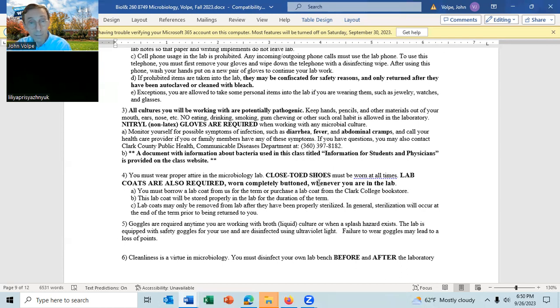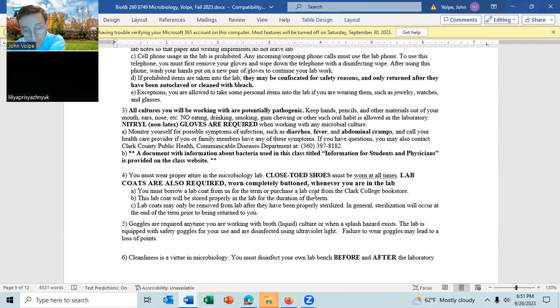The lab coats must be worn and completely buttoned when you're in the lab. Lab coats are supplied by the lab, but you may purchase a lab coat and bring it to the lab. On the first day you bring it there, it must stay in the lab all term long.